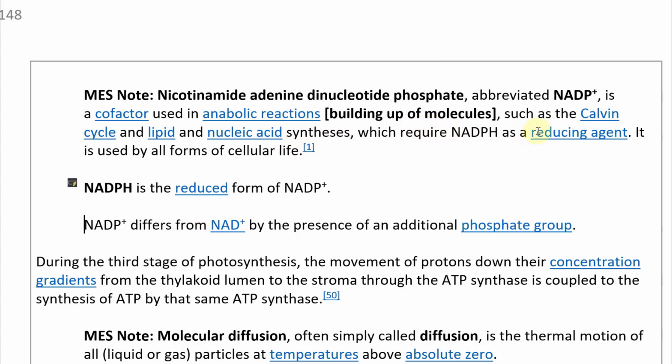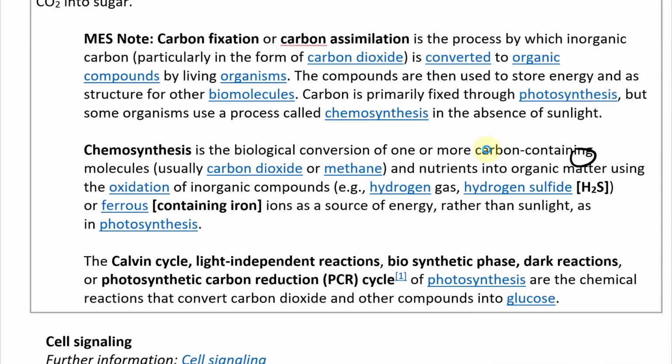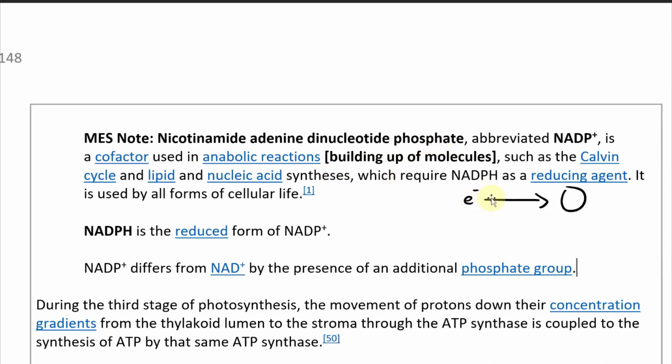So it acts as a reducing agent. What this means is it reduces others. If it's already reduced and has electrons, it gives electrons off to other molecules, and when it gives this e- or negative charge to another molecule, that molecule becomes reduced, so its oxidation state goes down.